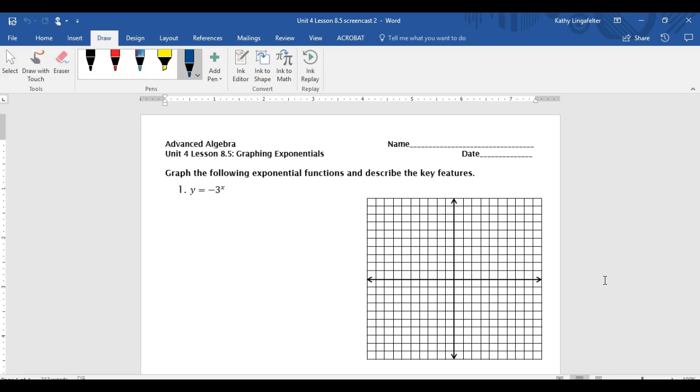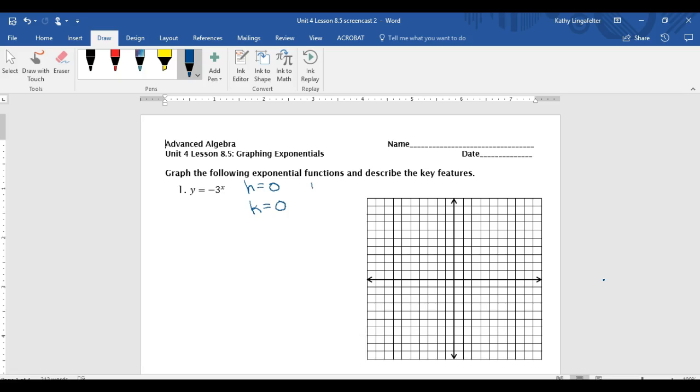Let me remind you how we start. We start graphing exponential functions, whether we're going to use a graphing device or not, by identifying h. I don't see anything in the exponent with the x, so my h is 0. Identifying k, I don't see a plus or minus sign out back with a number attached to it, so k is 0.